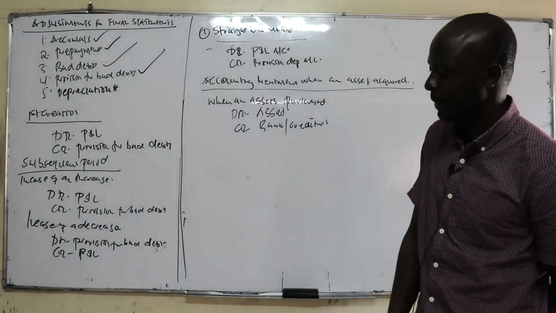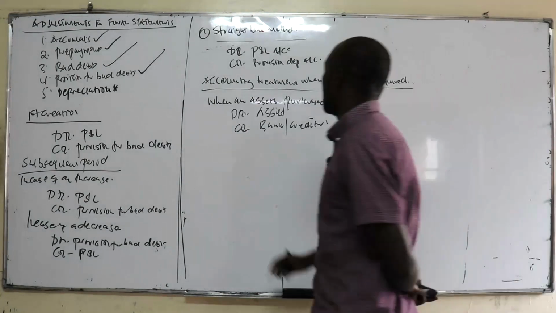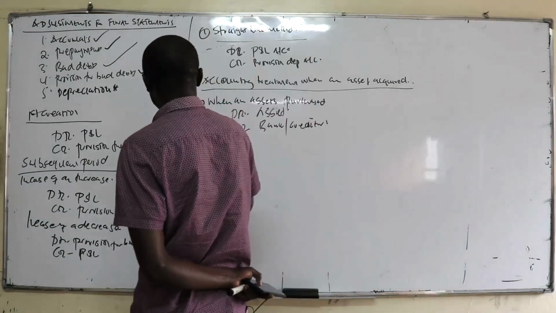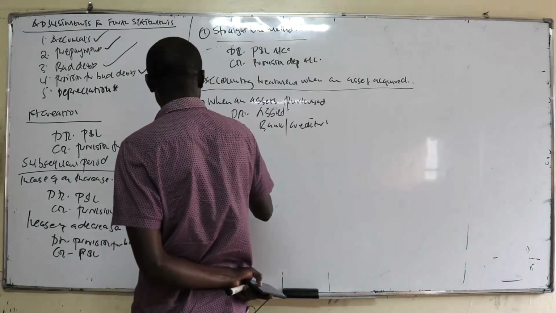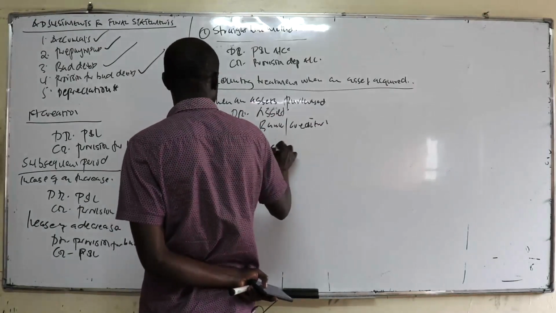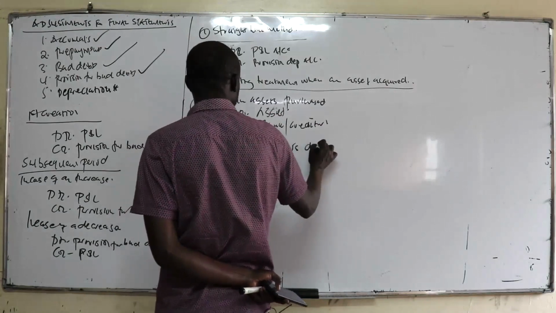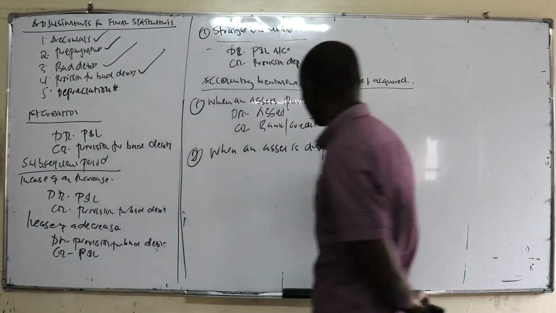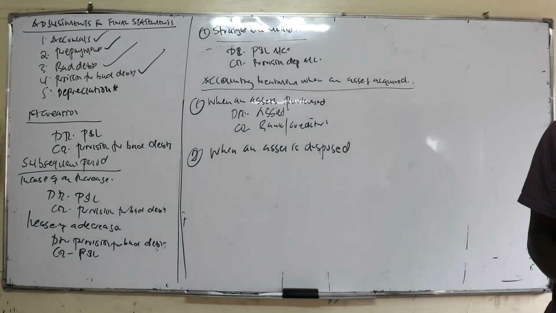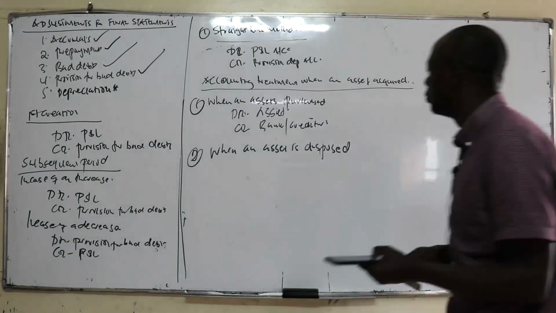Okay? Now, in the case you dispose of an asset, number two, when an asset is disposed of, dispose means to sell it off or to do away with it.